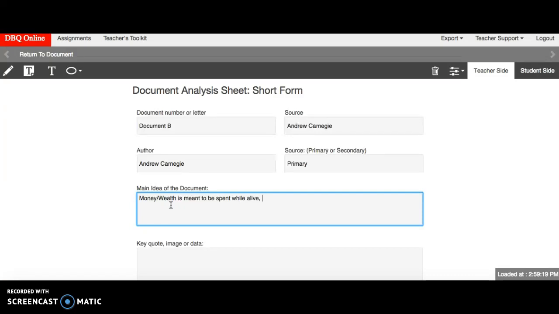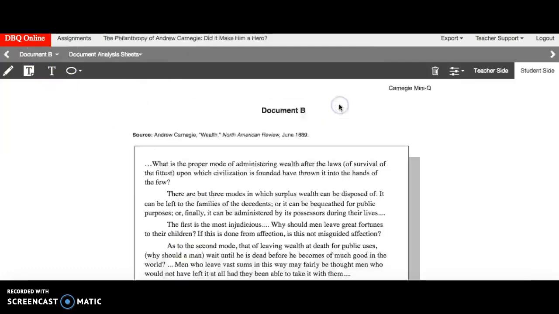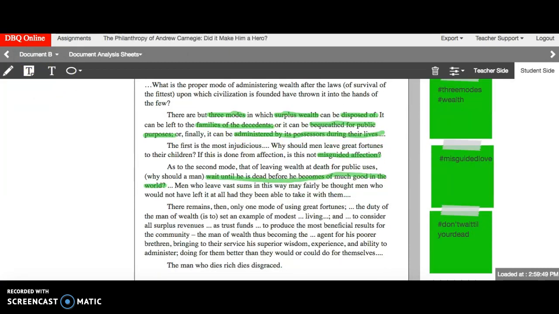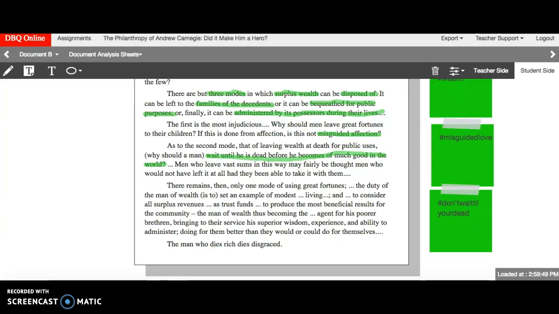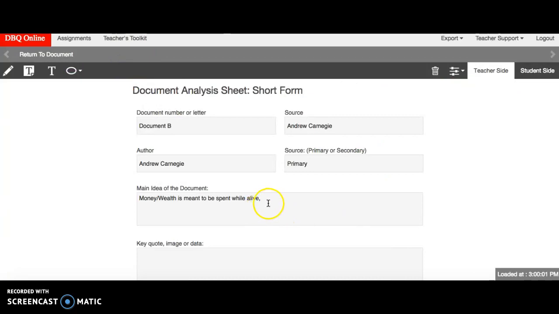I would say, since he wants it to be left to the public, but I don't want to do that. I would go back here and look at our hashtags. So think about it a little more. We could very easily say money is meant to be spent while alive.